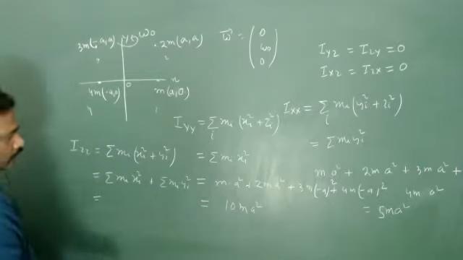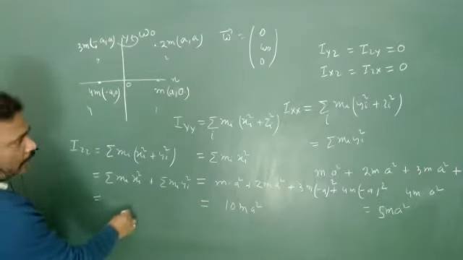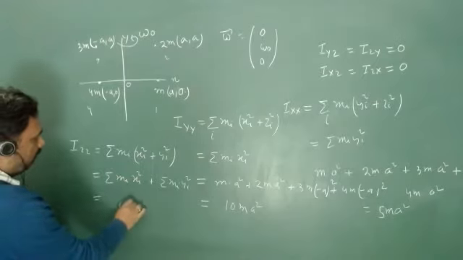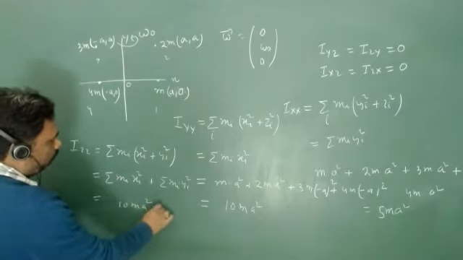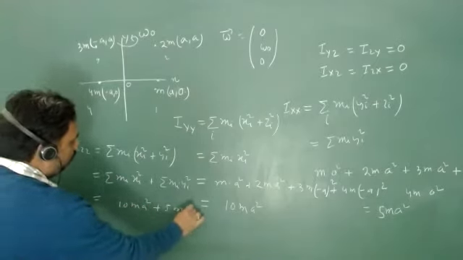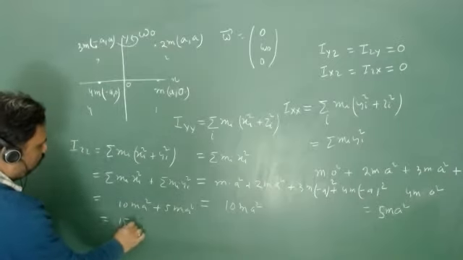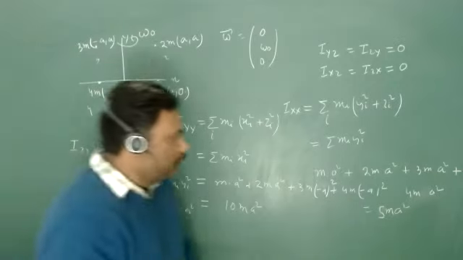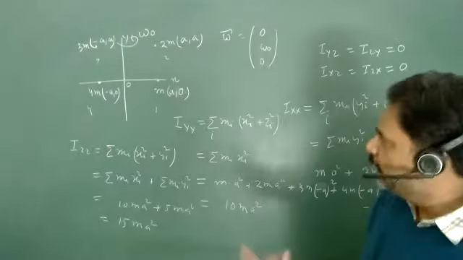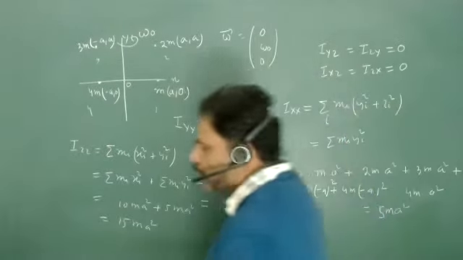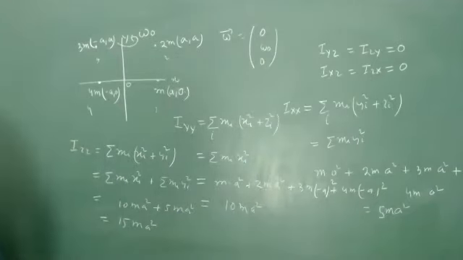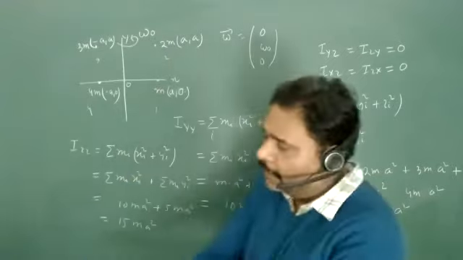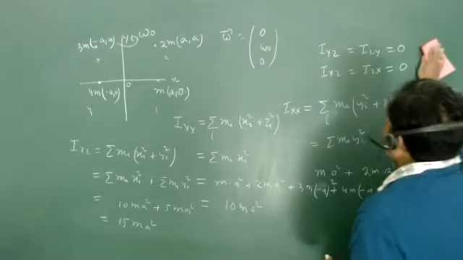So what is this value? Xi square sum is 10 ma square plus 5 ma square. That is 15 ma square. Okay, so this is your diagonal term, and we also have to calculate the off-diagonal term. So let us try to calculate that off-diagonal term. What is going to happen for that?